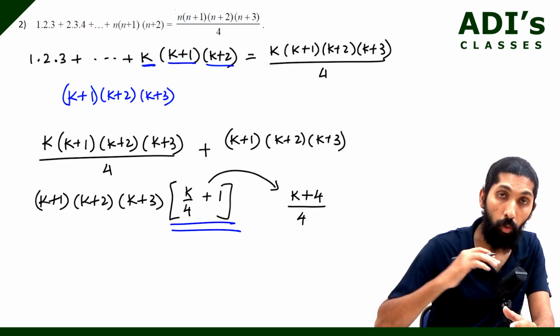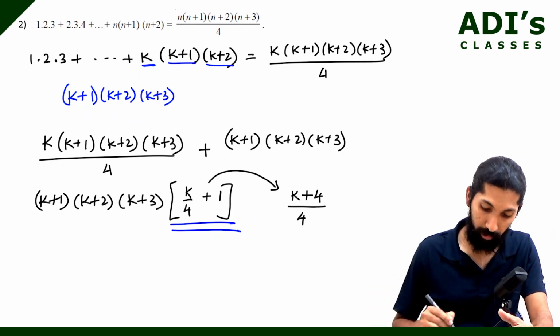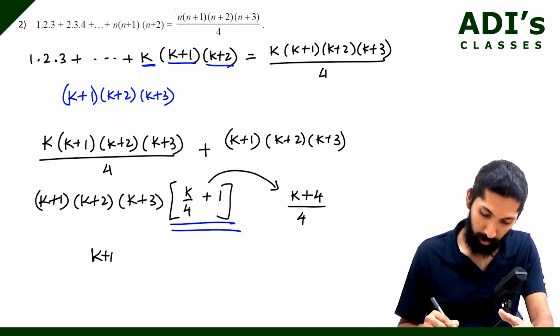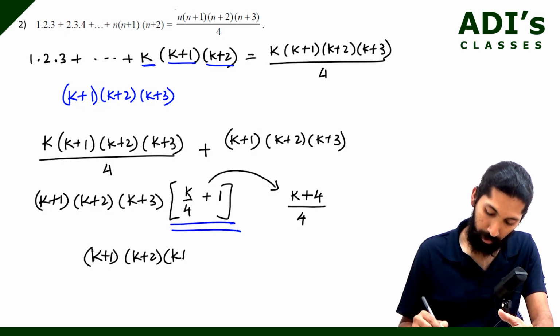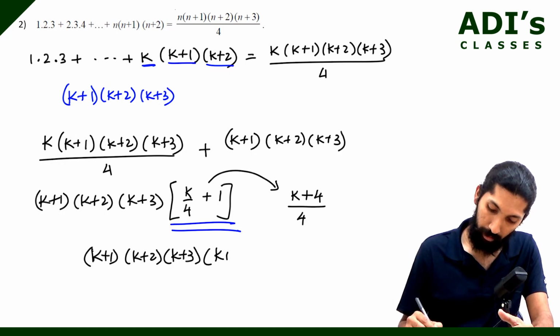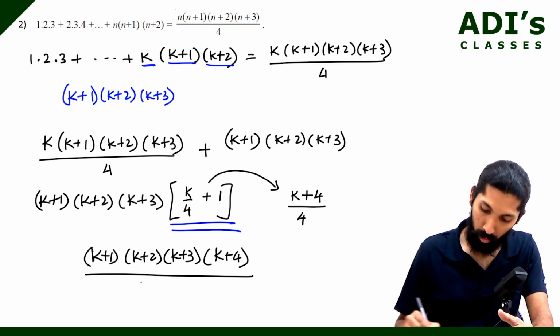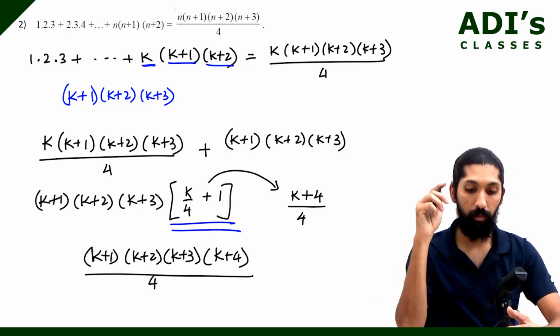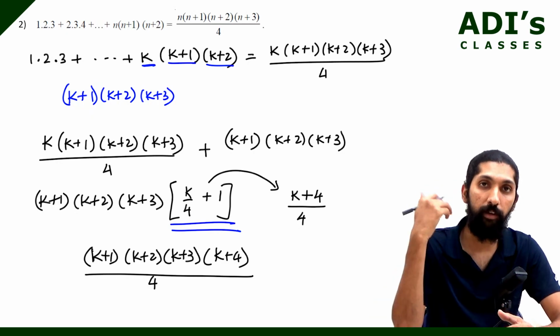So overall, if you write, you're going to get k plus 1 into k plus 2 into k plus 3 into k plus 4, whole divided by 4. Isn't this the same as P of k plus 1?